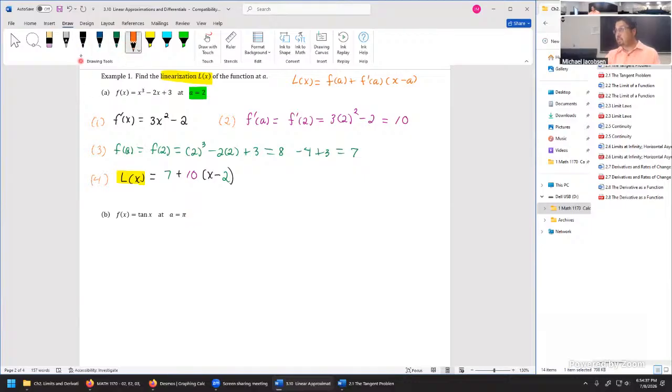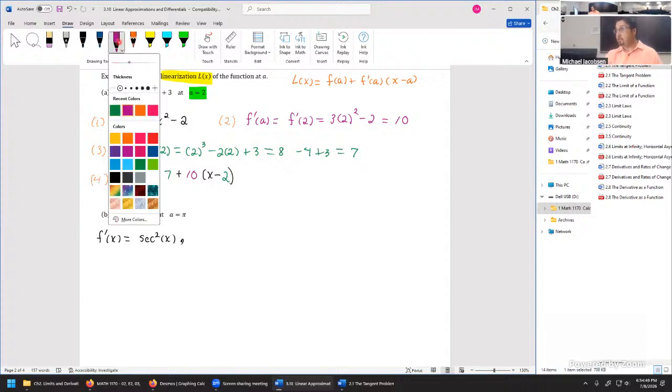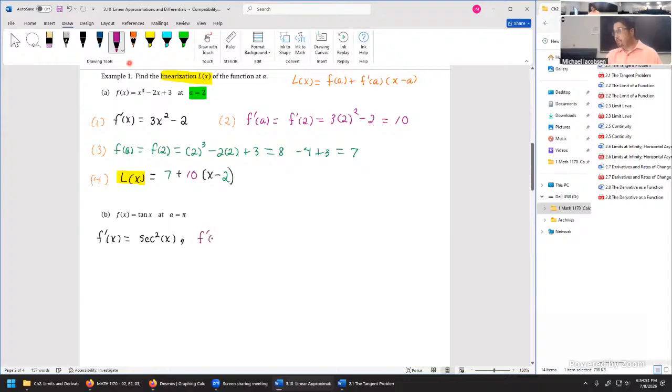Following the step-by-step process, first thing we do is differentiate tangent. The derivative of tangent is just secant squared at x. On our next step, we want the derivative not at x, but rather at a. That's the world's weirdest looking comma. I should fix that. That looks a little bit better.